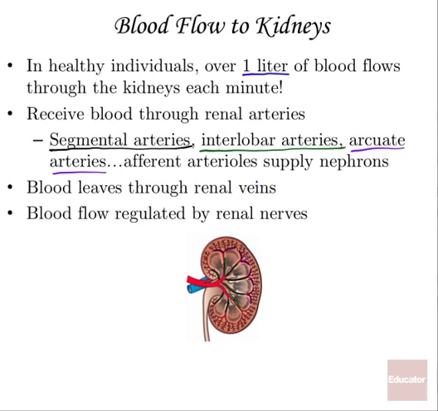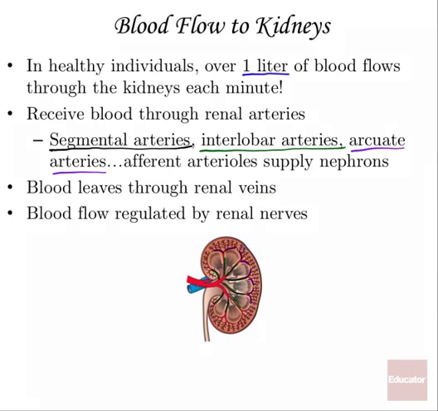They get super tiny, microscopic, and form little capillary bundles called glomeruli, and you're going to hear more about those on the next few slides. I'm not going to color code the afferent arterioles. Those are all here in the cortex of the kidney, and they branch off into millions of little bundles of capillaries.